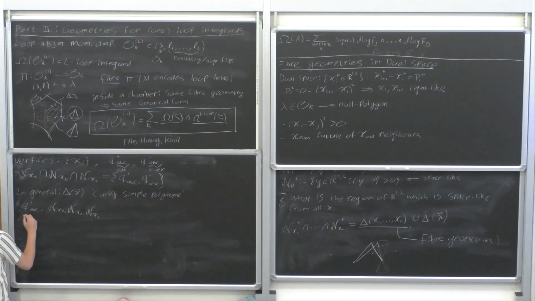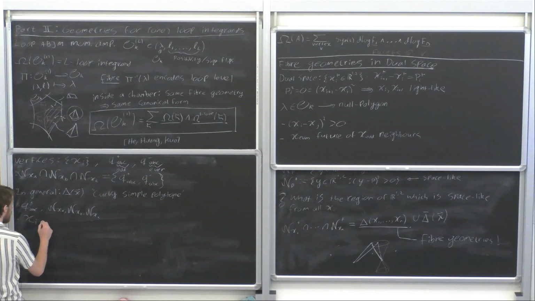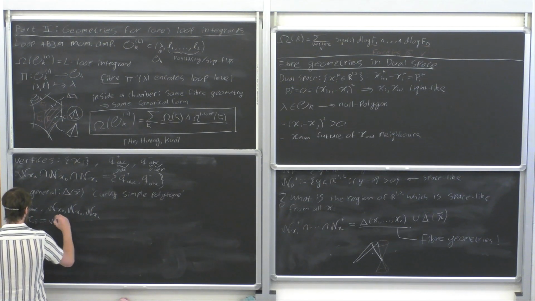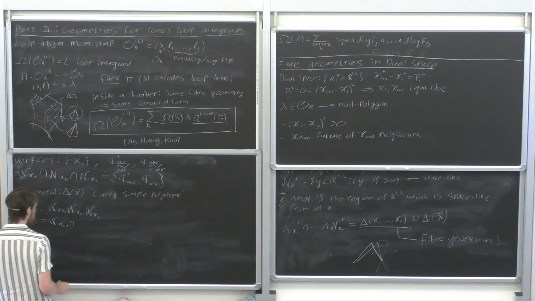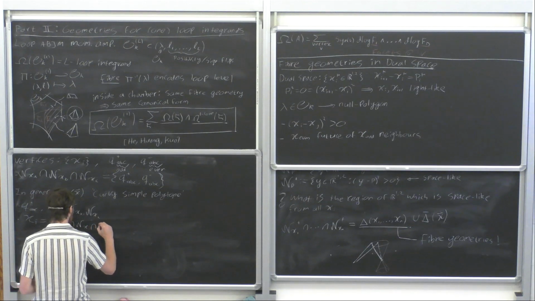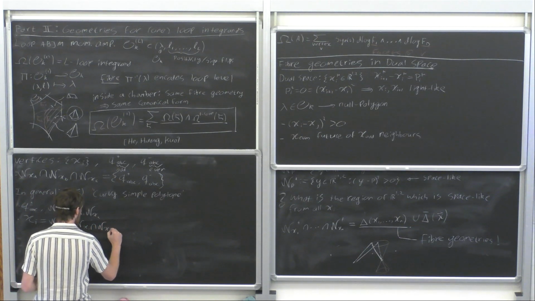And secondly, also the vertices xi, as you can see in the picture, have 3 facets incident to them. And in fact, the xi are completely defined by the intersection of the light cones of xi minus 1, xi, and xi plus 1.